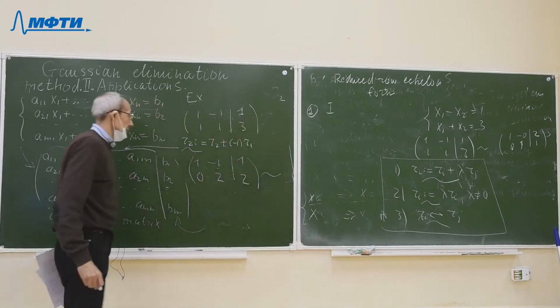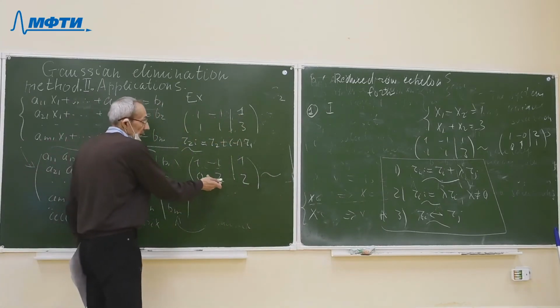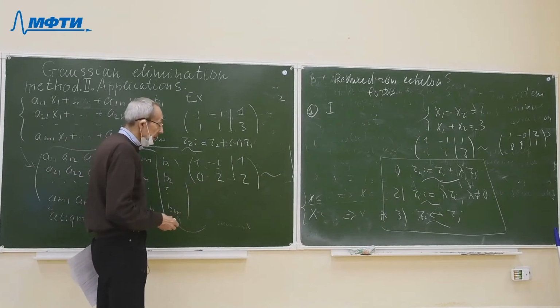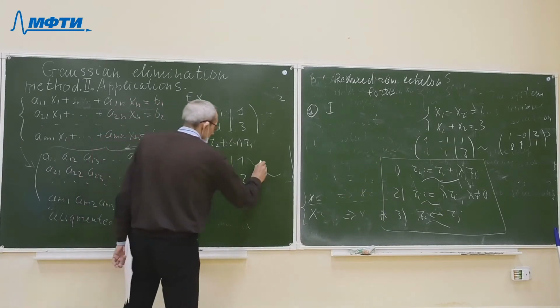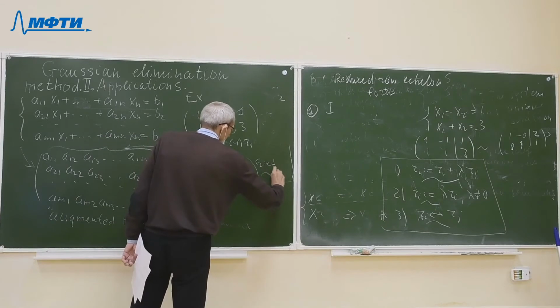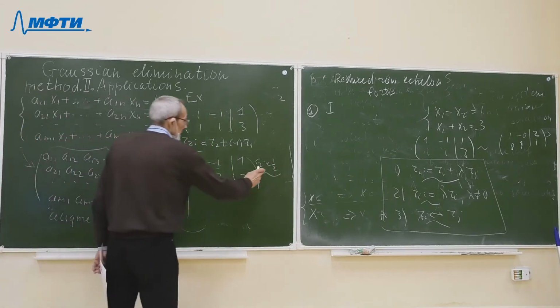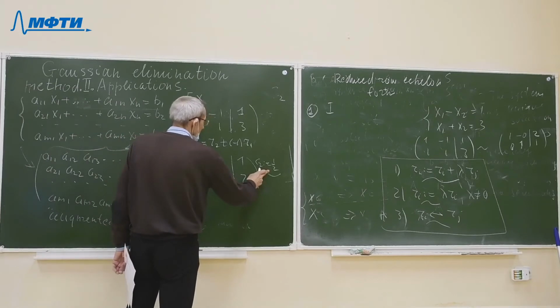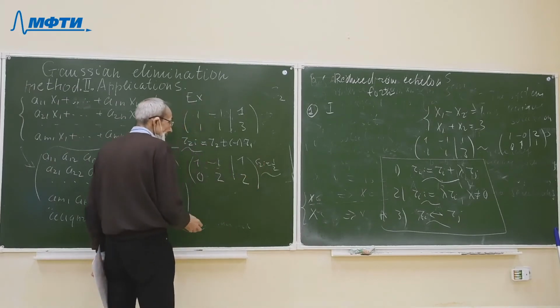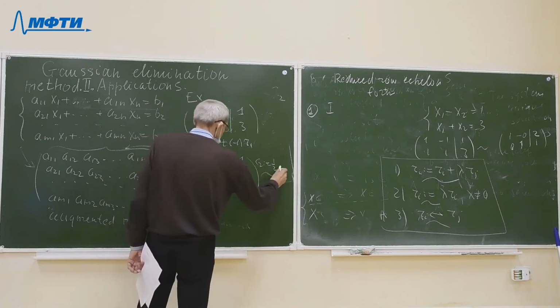The next operation, we can multiply the second row by one half, the ratio 1 to 2.